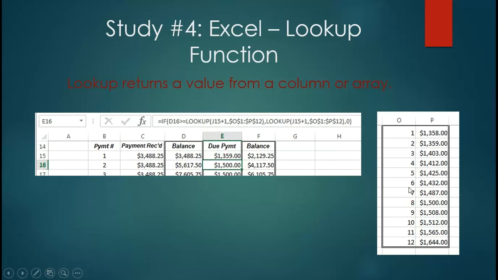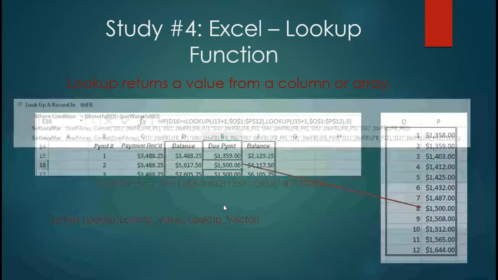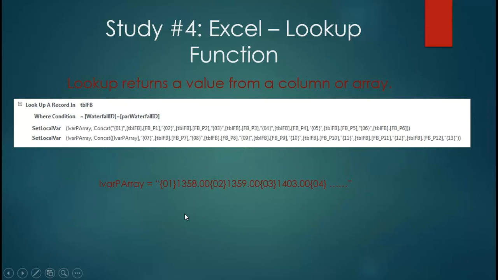So it's going to look in column O and pull out the number in column P. Our syntax is just the lookup value and the lookup vector, which is the O through P. It's going to take the value out of column 1 and the vector out of column 2. I'm simplifying some of this because there are other options on a lot of these functions in Excel, but we're just looking at certain things here today.